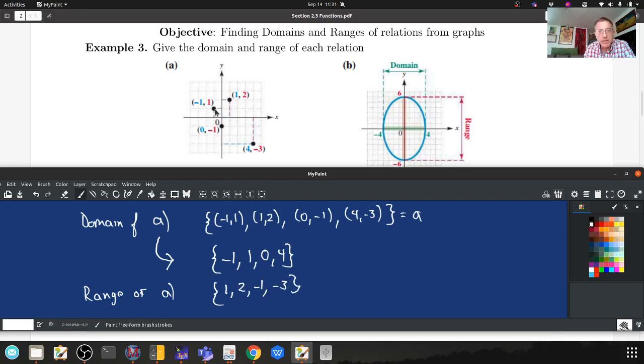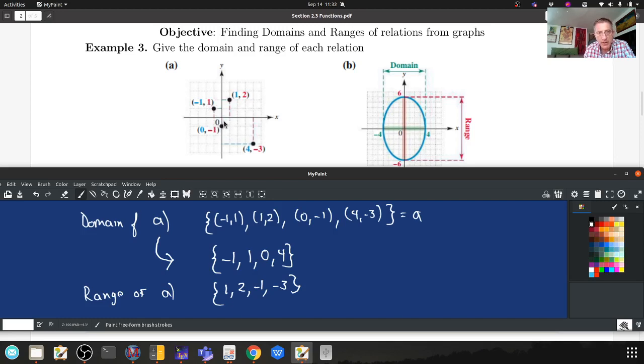If you were just given points right here and not the coordinate values that correspond to them, you would have to figure out what is the ordered pair that corresponds to this point. You go over 1, so that's the x value. You go up 2, so it's +2. To this point over here, I go to the left from the origin 1, so that becomes -1, and up in the positive direction, so it's +1.